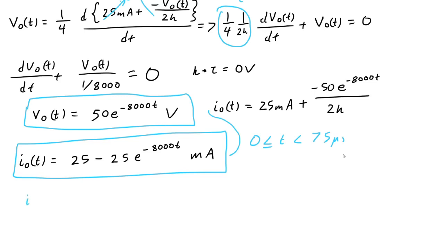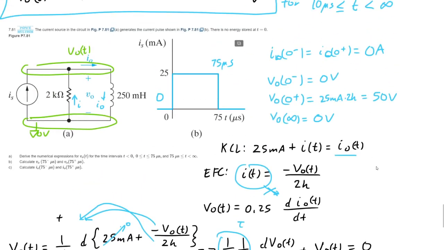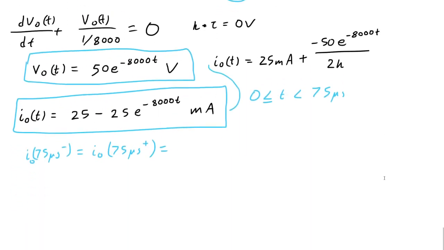Now, Io(75 microseconds plus) is going to have to be Io(75 microseconds minus), because the current in the inductor cannot change instantaneously, even though we take away that current source, because the current is going to go to 0, right? We can't change instantaneously.